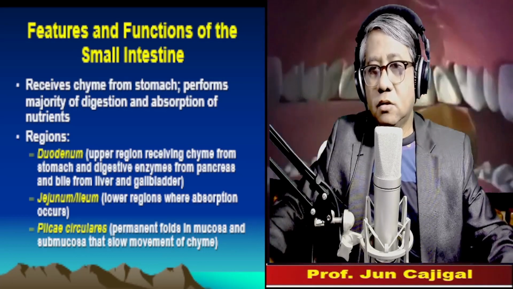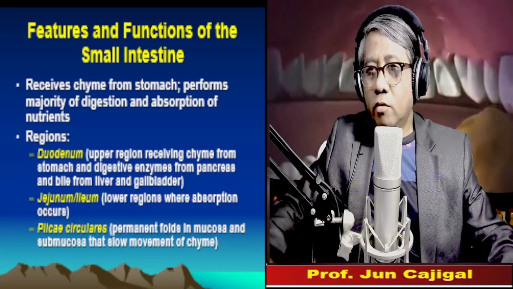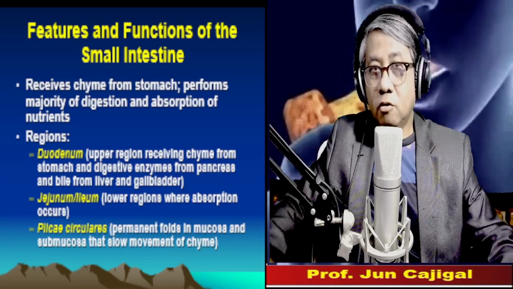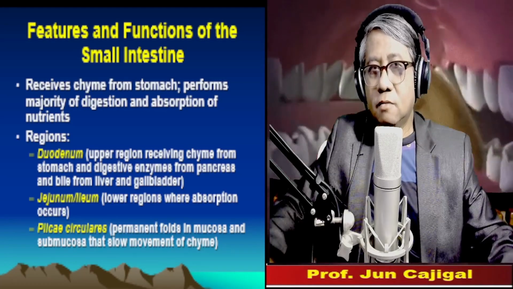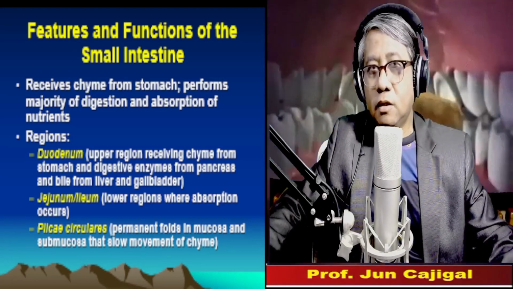The second section is the jejunum, which is the lower region where most absorption of food occurs, and we can include here also the ileum, which is the longest section of the small intestine. So those are the different regions of the small intestine.